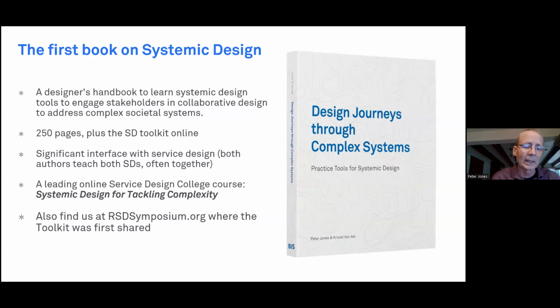Kristel and I had the idea to write a book as we had been developing training materials for the Systemic Design Toolkit and doing quite a bit of both formal and informal trainings, and realized that we were training in similar ways, and there was a lot of background information that people needed to read to learn the toolkit. And so we worked that into a much more accessible approach with Design Journeys, which has references to the original systems theory, describing the models and tools that we do reference.